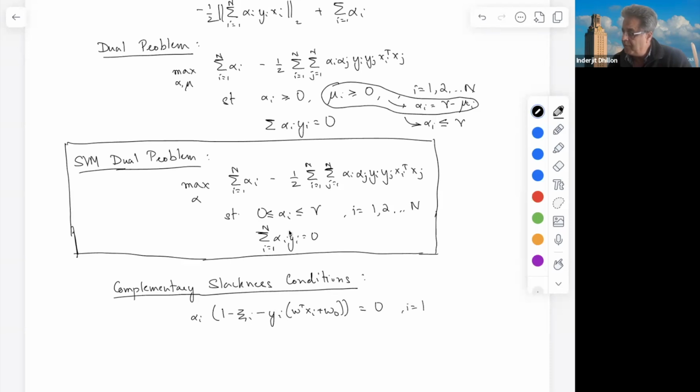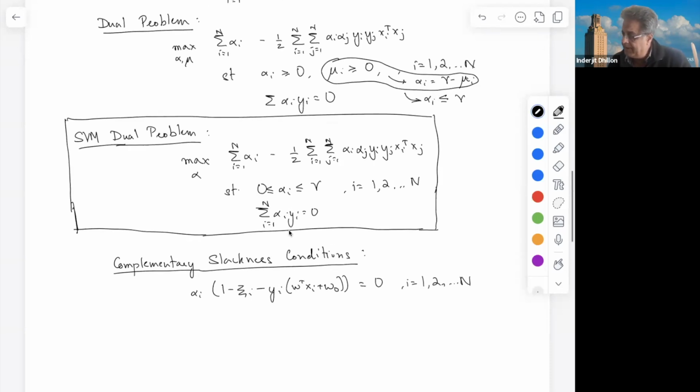So this is the first set of complementary slackness conditions. Remember, there are two sets of dual variables, and mu i times psi i must be equal to 0.